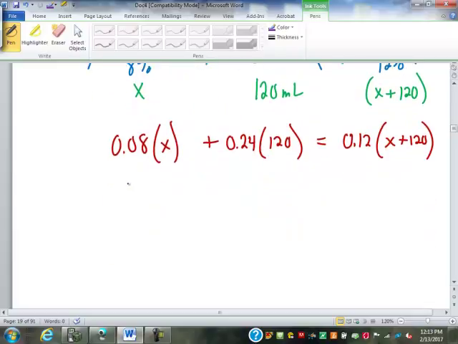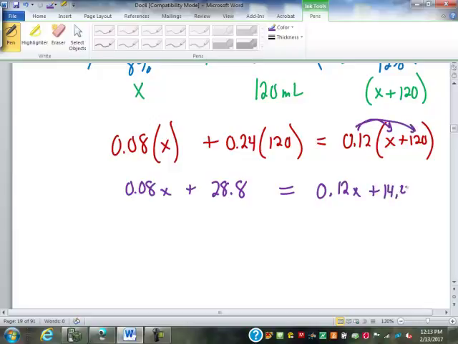So 0.08x is just 0.08x. 0.24 times 120 is 28.8 equals 0.12 times x is 0.12x, and 0.12 times 120 is 14.4.